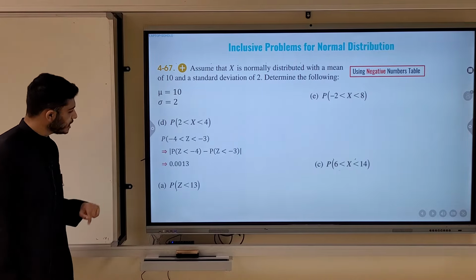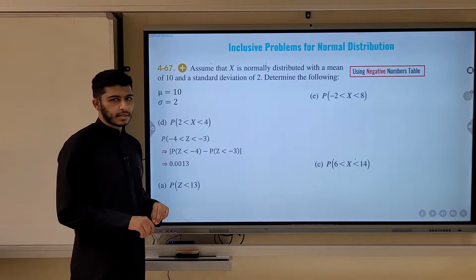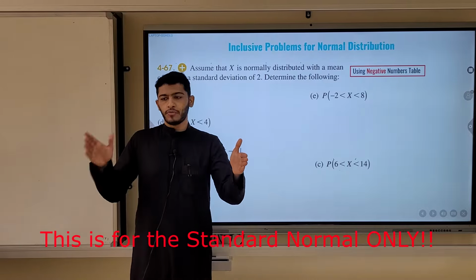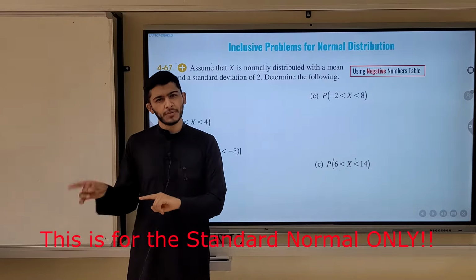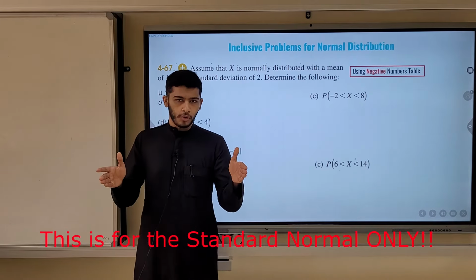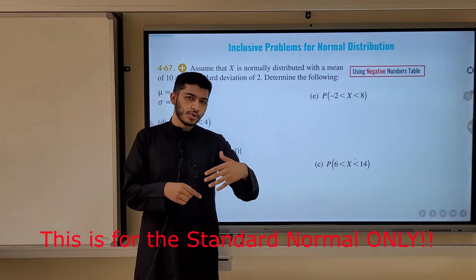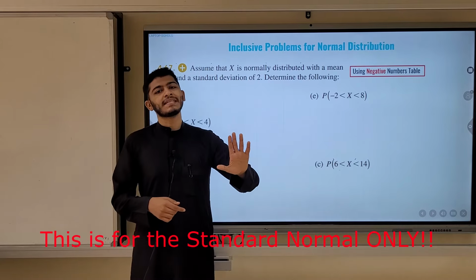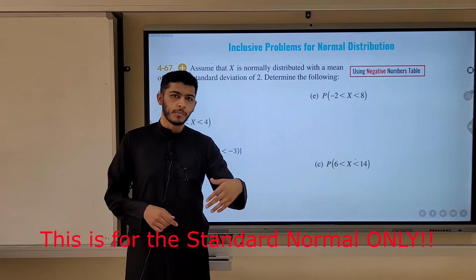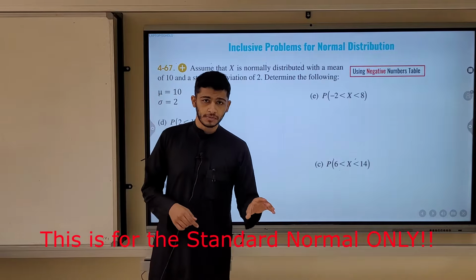The next one, probability of capital Z less than 13. Here is a thing that I have not explained. We assume that the normal distribution goes from -4 to 4. It actually goes from -infinity to infinity, but we assume that it goes from -4 to 4. So any value that is less than -4 that you are trying to find the cumulative of is going to be 0. So -5, cumulative for -5, 0. -6, 0. All of these below -4 are going to equal 0, the cumulative of them.